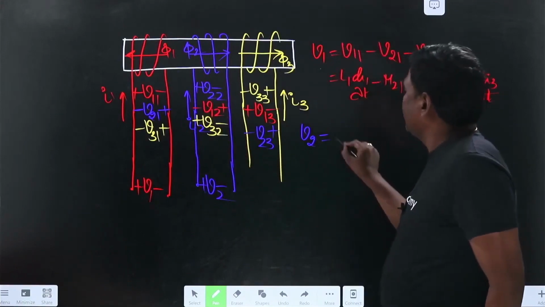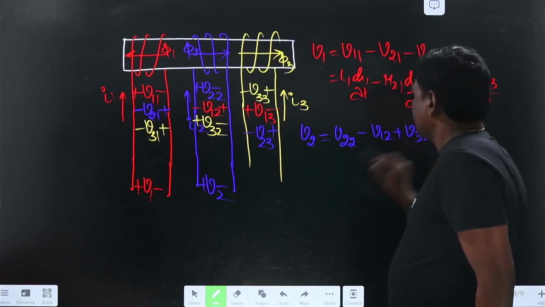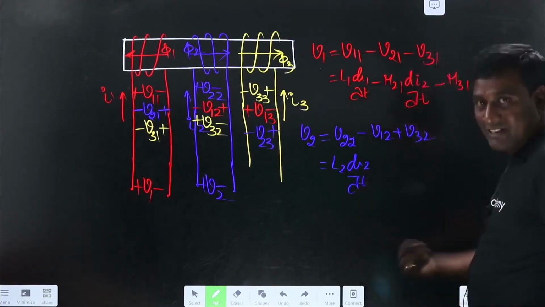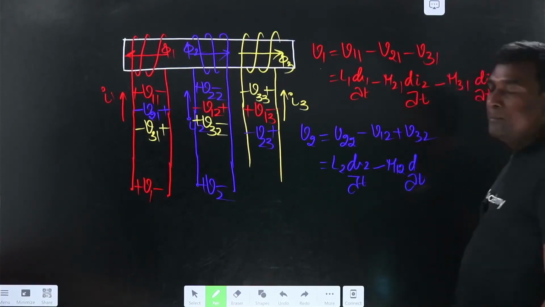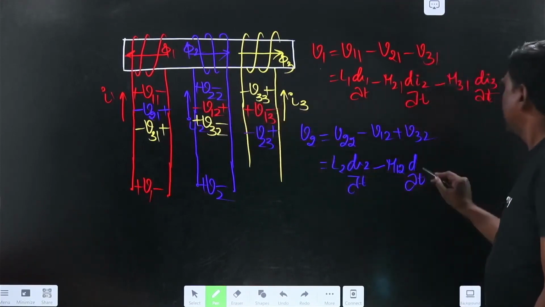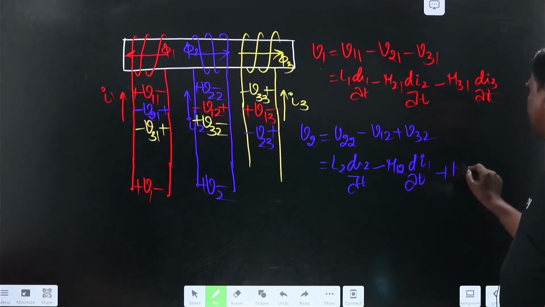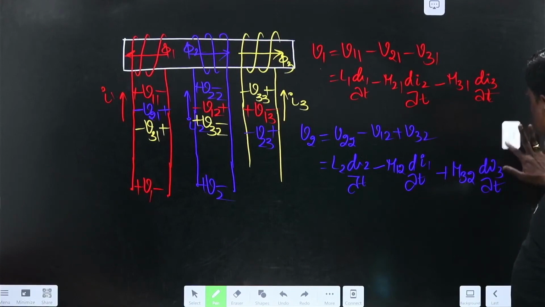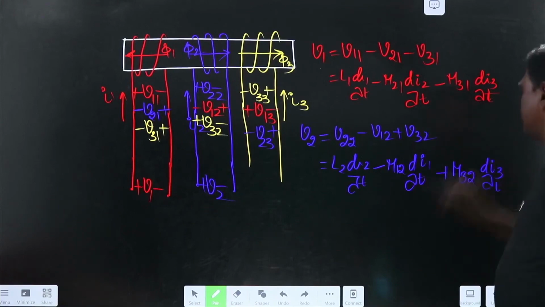So this is going to be V22 self minus V12 mutual plus V32, meaning this is going to be L2 di2 by dt self, minus M12 d by dt because of 1 into di1, plus M32 into d because of 3 in 2.